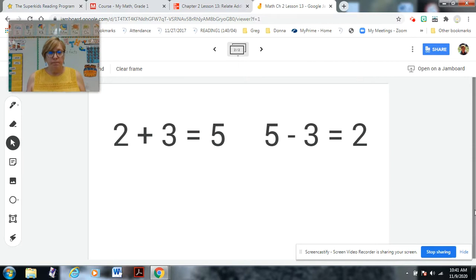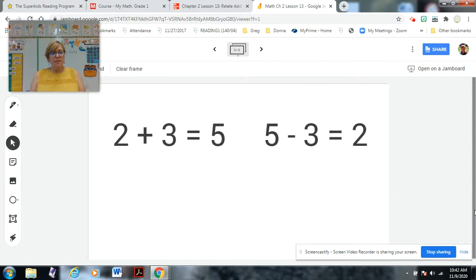Well, I noticed that in both math sentences, there's the number 2. Did you see that? Yeah. I noticed that in both math sentences, there's a number 3. And I also noticed that in both math sentences, there is a number 5. So that's why they're related.